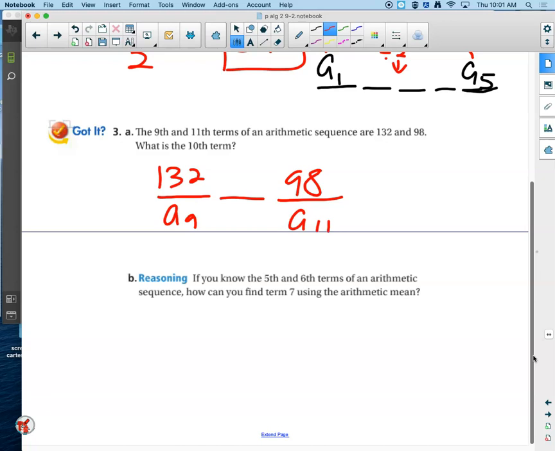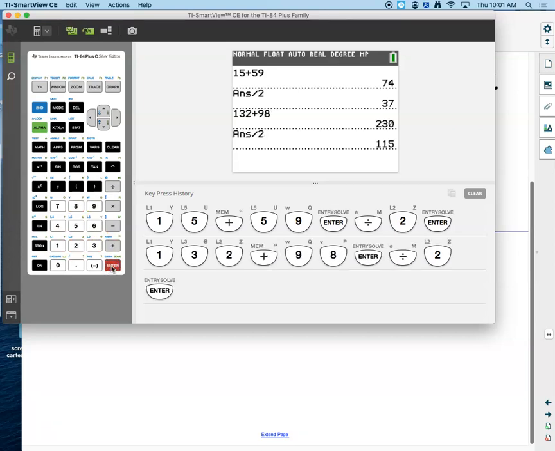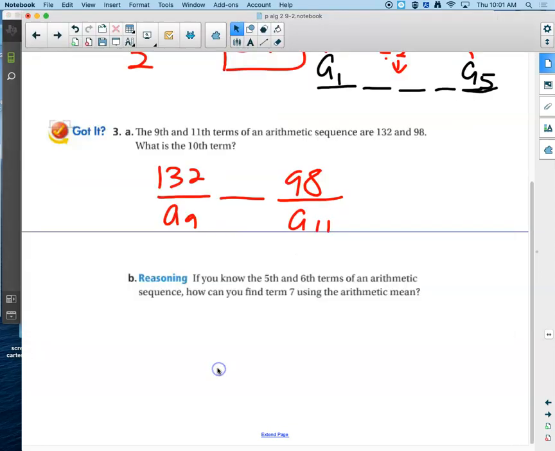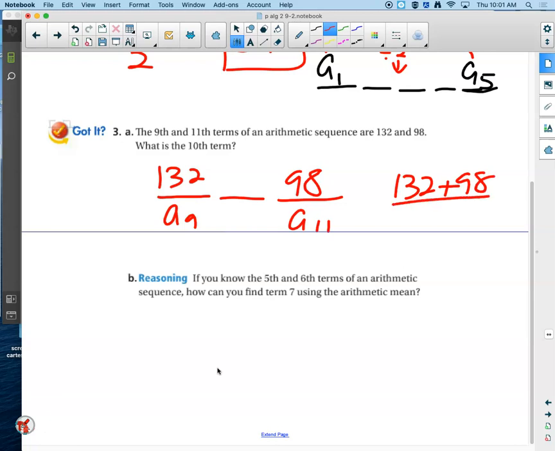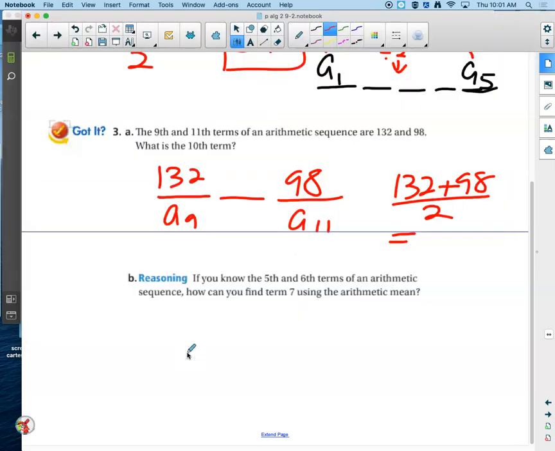So, again, don't want to have to use your noggin for anything. There it is. And we have 115.